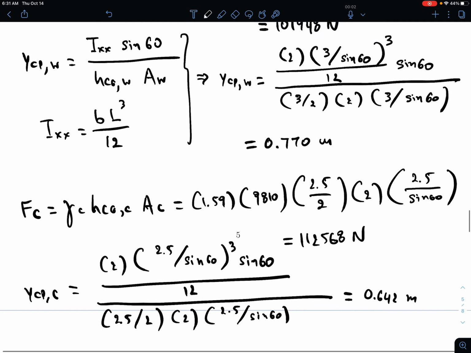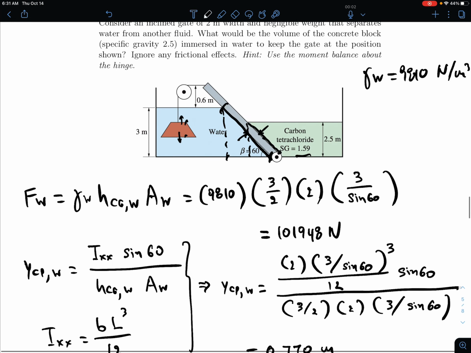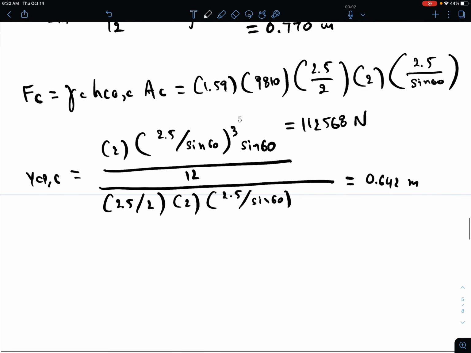All right, so the last thing we need is the force that's on the concrete block. And for that, we have the weight of the block minus the buoyant force, right? So for the weight of the block, it's easy. We have the specific weight of the block times the volume.